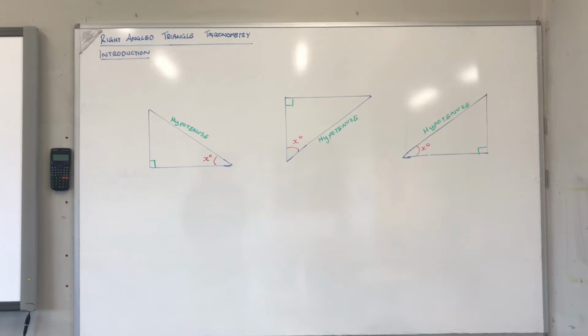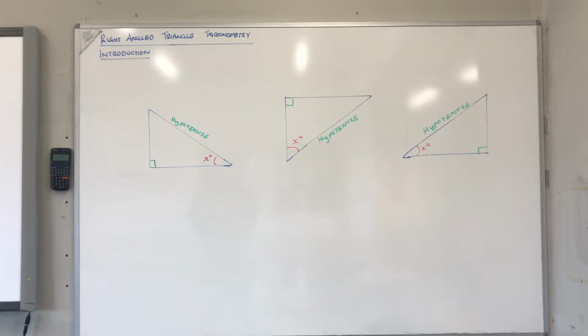The two sides in a right angle triangle, other than the hypotenuse, are called the opposite and the adjacent, okay? So if you think about what those words actually mean, opposite means ahead of, in front of you, adjacent would mean next to you, and that's how we can remember what sides we're dealing with.